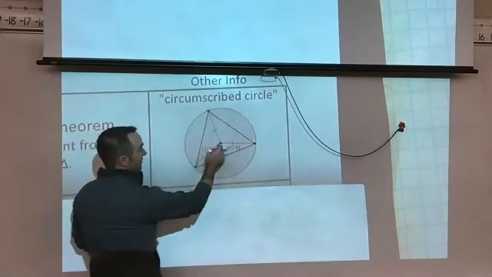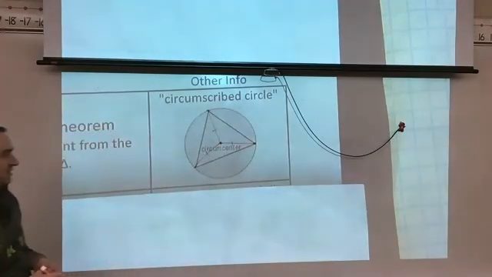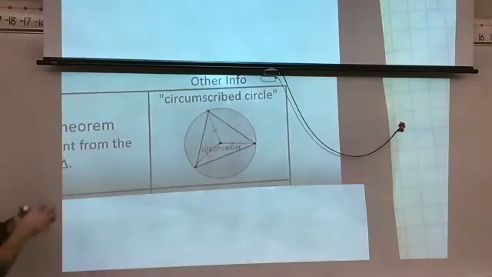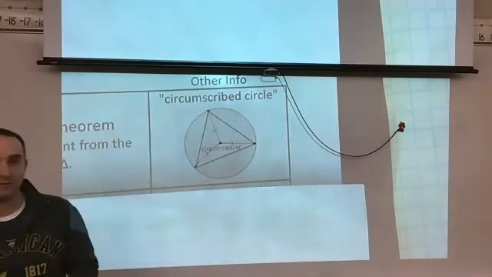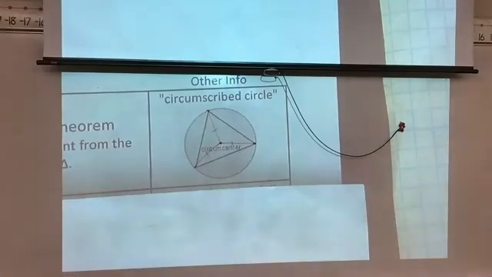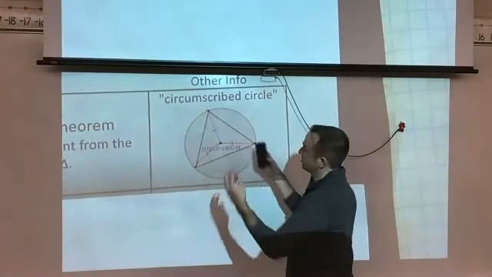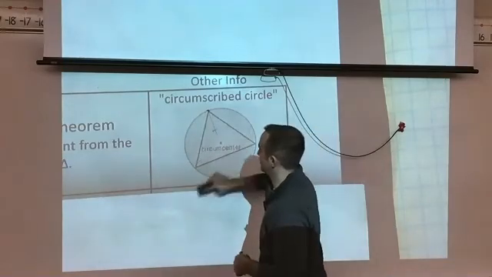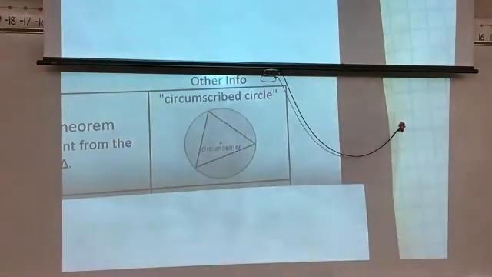We know the circumcenter of the triangle is the same distance away from all 3 vertices. So if both of those are true, that means it has to be the same point for a circumscribed circle. So you might see some mention of a circumscribed circle. This is what they're talking about when you see that.